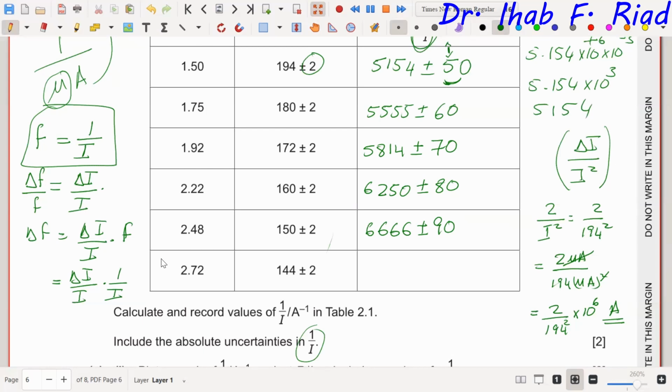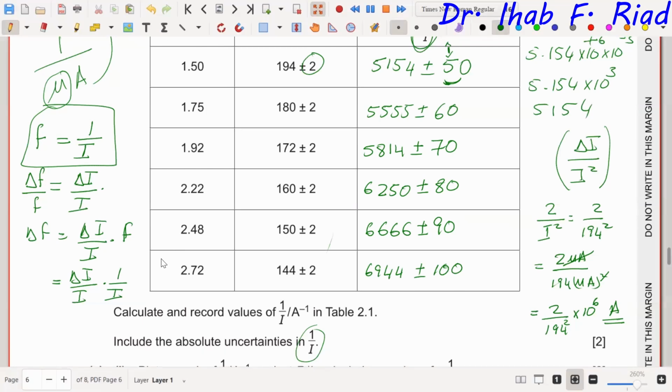Can you do the last one for me? It is 6944. And what is the uncertainty? 100, exactly. Okay. We are good.